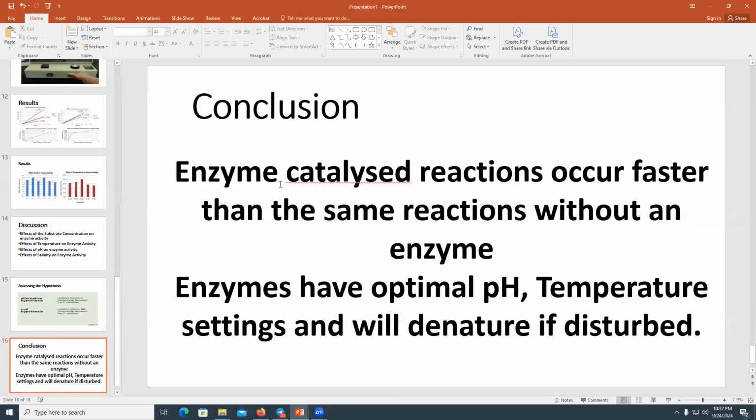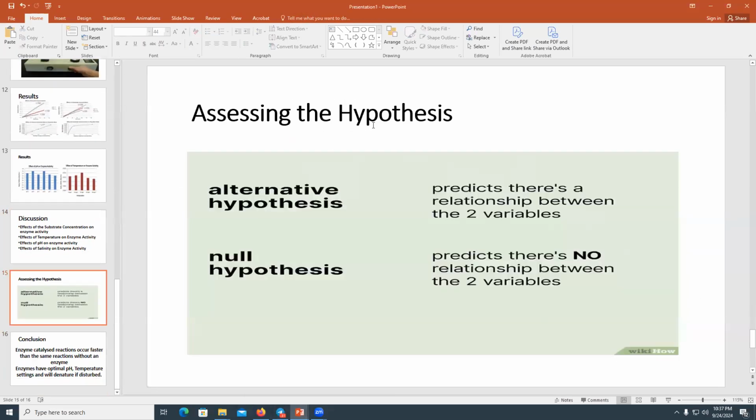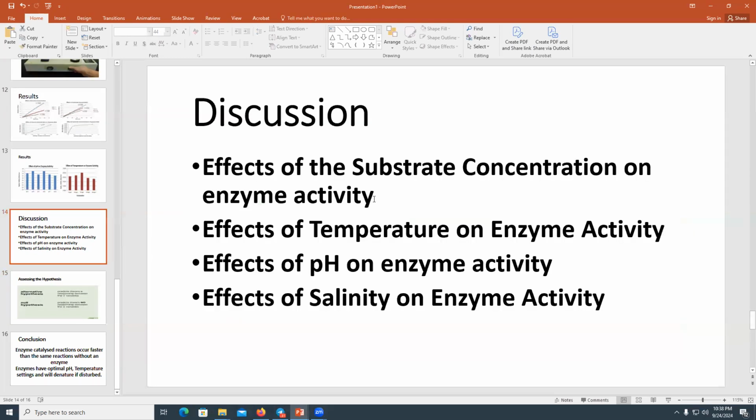So we're going to be coming back to assessing our hypothesis. We have an alternative hypothesis and a null hypothesis. The null hypothesis tells us to appreciate the relationship between our independent and dependent variable. For example, the null hypothesis will say there is no effect of substrate concentration on enzyme activity.